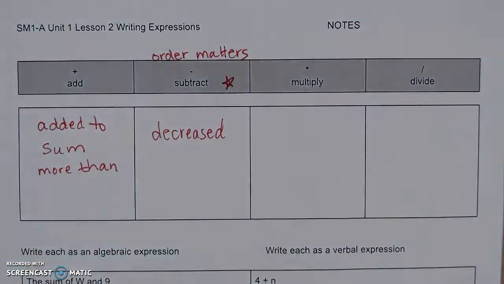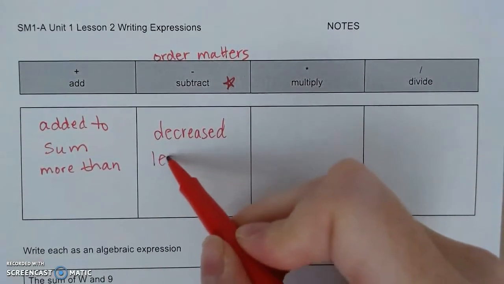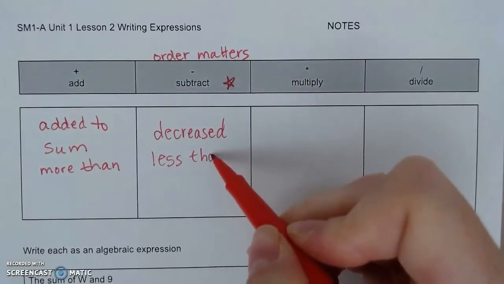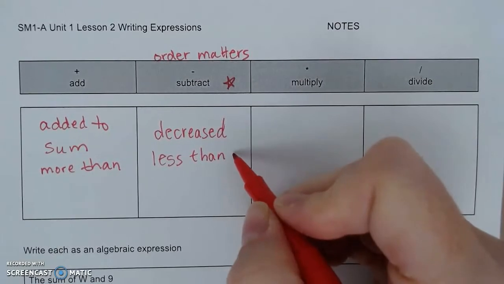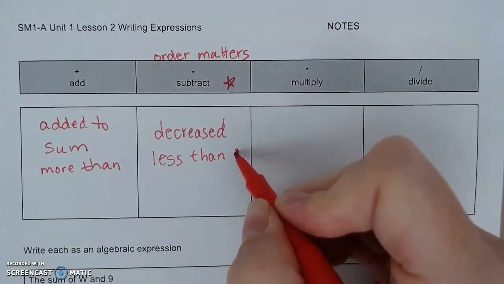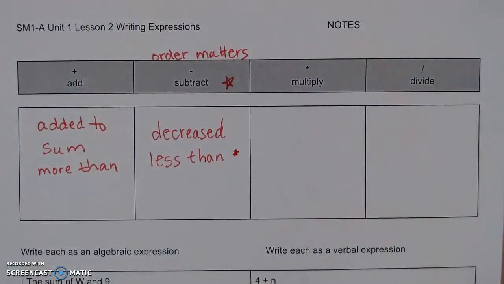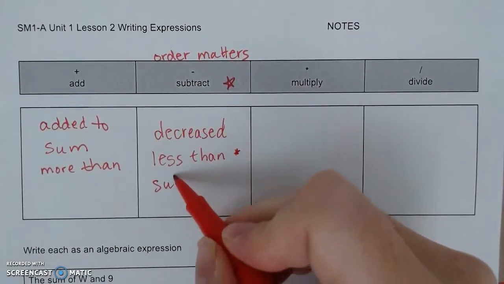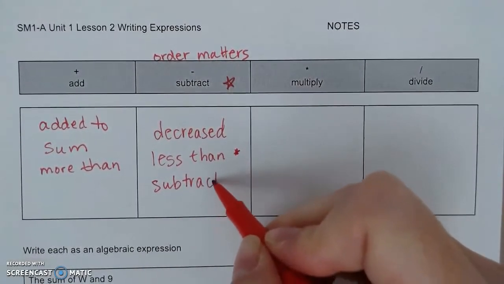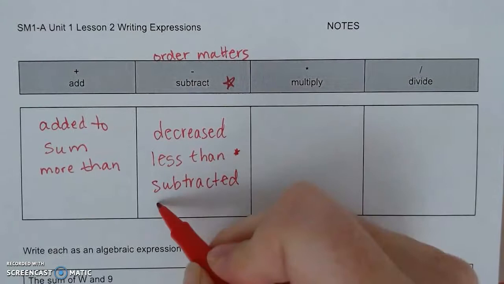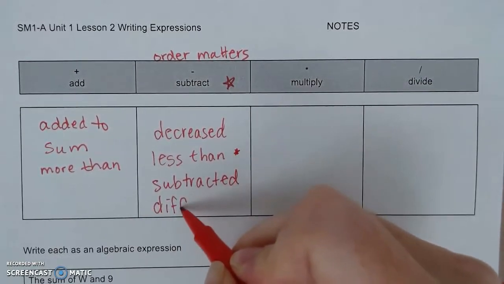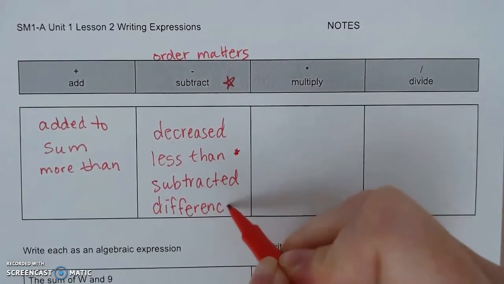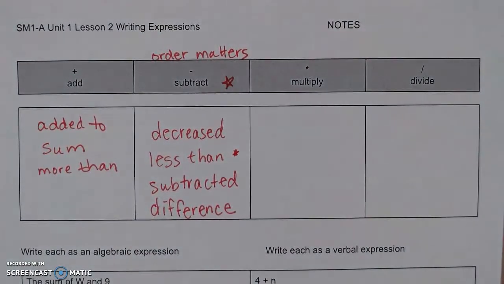They might say less than, and this is the one that gets missed the most because that definitely means to subtract from. They might say subtracted, and they might say difference. And there's other words. These are just the most common.